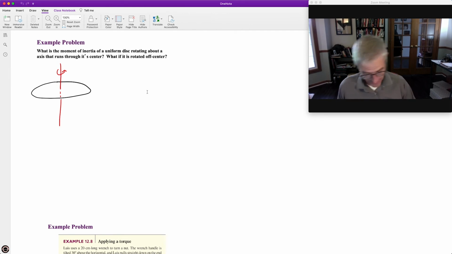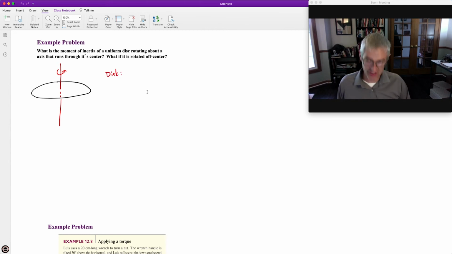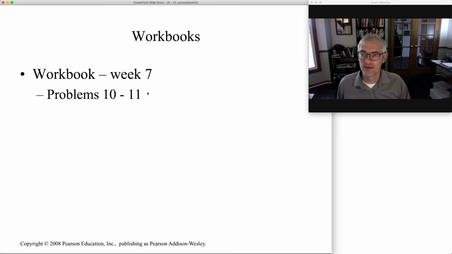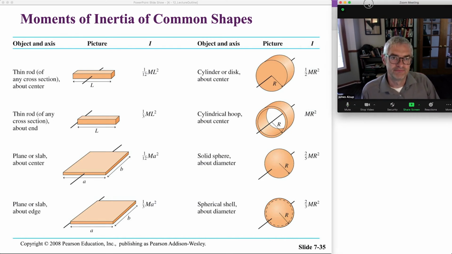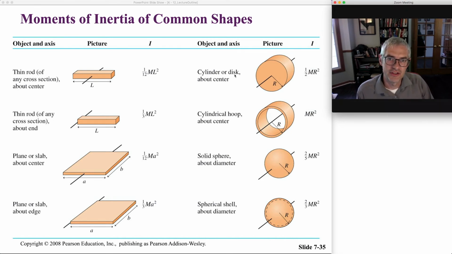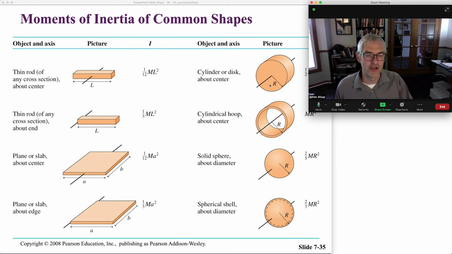So one way to do it is you go to that spreadsheet. You say disk. This is a rod, so no, I can't use that. There's a rod, I can't use that for a disk. Plate, I can't use that for a disk. Blah, blah, blah. Right here, this top right one, it tells me it's a cylinder or a disk, and it runs off like 1/2 the mass times r squared. Notice it's got the same axis in there. So 1/2 mr squared, where r is how big that disk is.